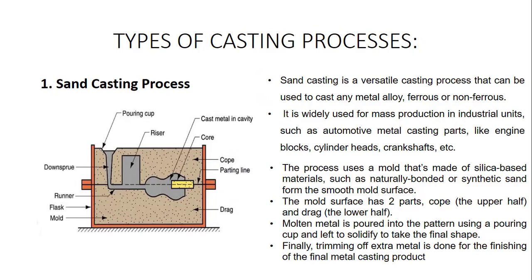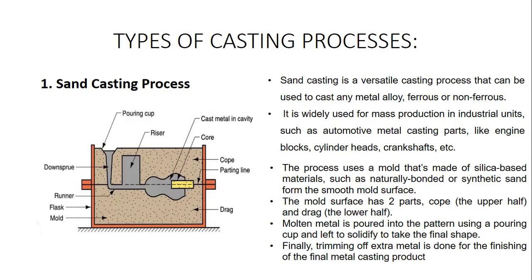So we are going to see all the information in a nutshell. The very first type is the sand casting process. It is one of the oldest methods of casting in manufacturing operations.